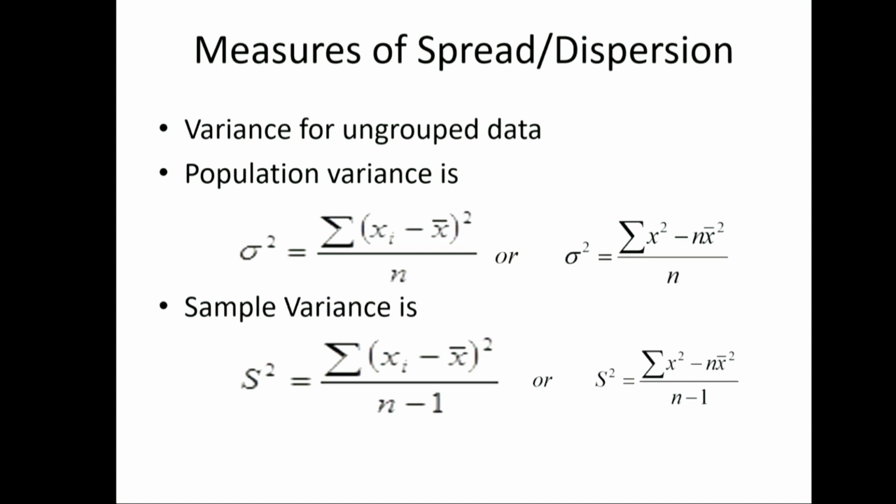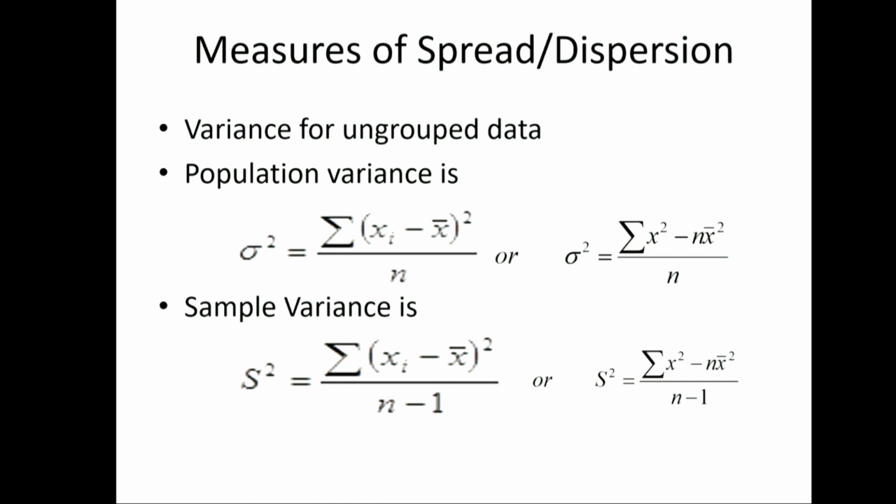For the variance for ungrouped data, there is something called population variance, and we also have sample variance. For the population variance, we denote it with sigma square. The formula is the summation of xi minus x bar, everything squared, divided by N. That N is the number of observations under consideration.